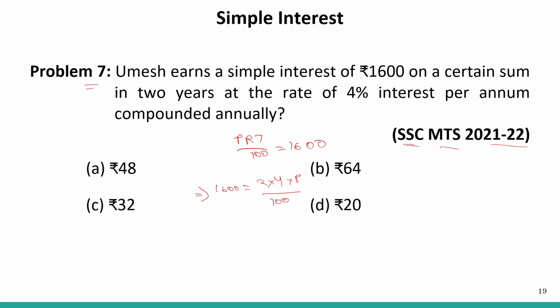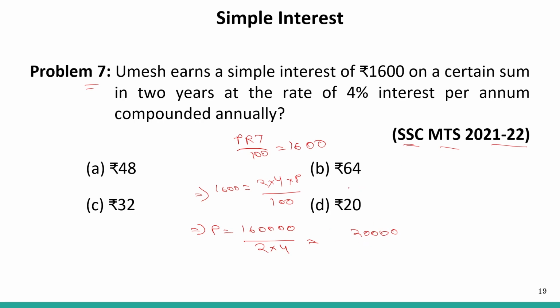So P is equal to 160,000 by 8, which will be 20,000. So 20,000 is the answer here.